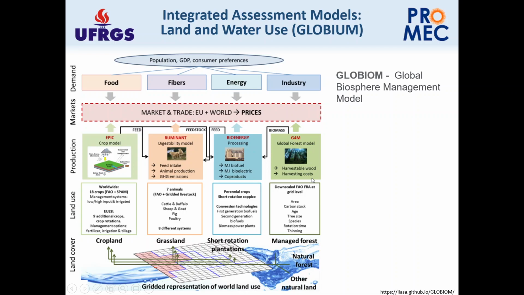Industry also, for example, you need wood, you need raw materials, you need natural resources in order to increase the economy. Then you need to know how much area you have, the age of the trees, how much resources you have. So this is more focused on the land and water resources of the MESSAGE model.